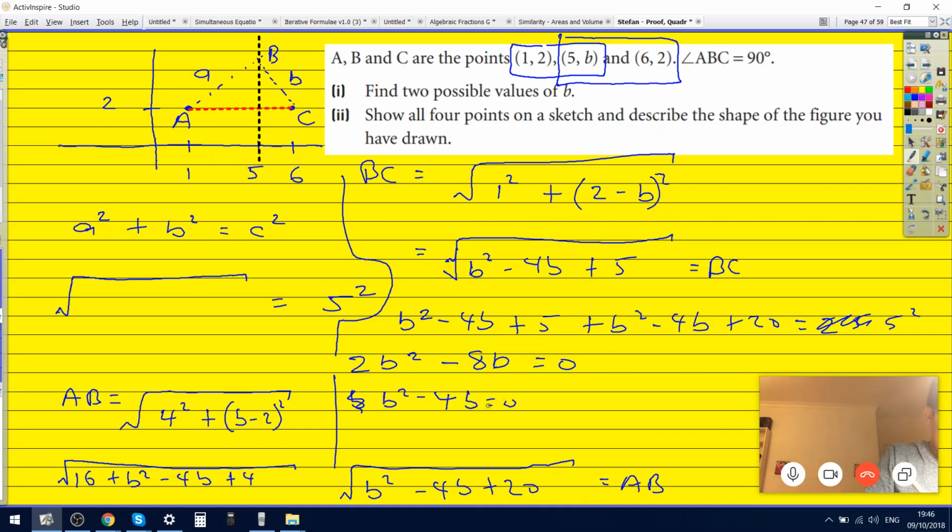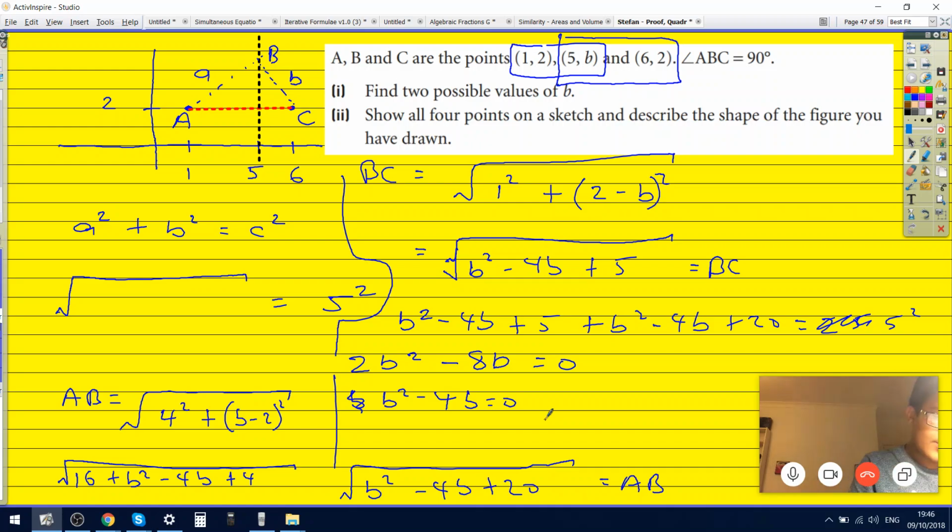Is it not just b squared minus 4b equals 0, because the 25's cancelled out?